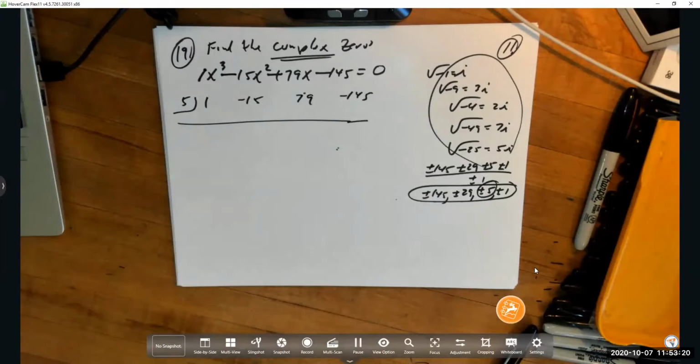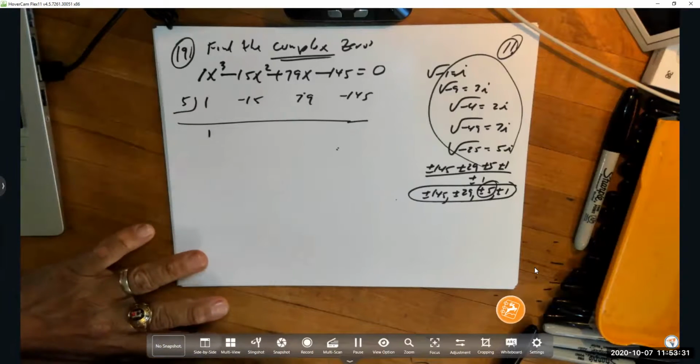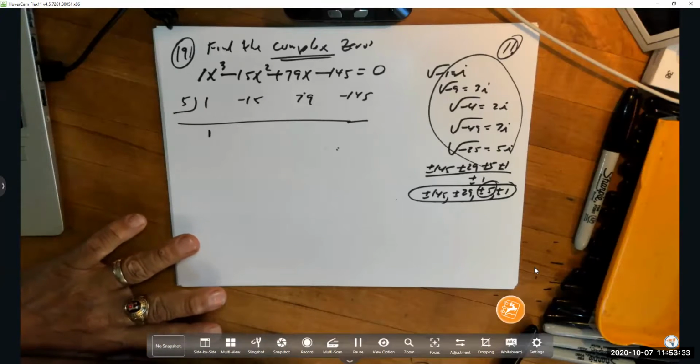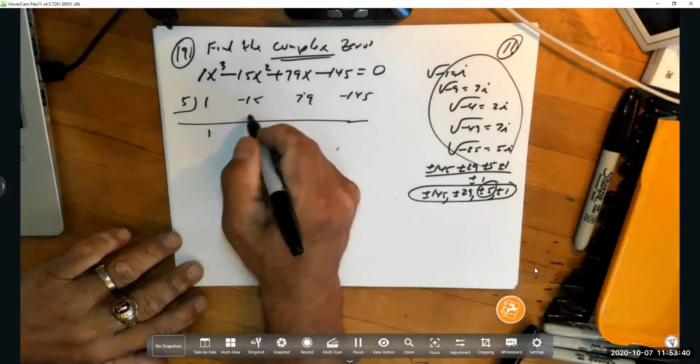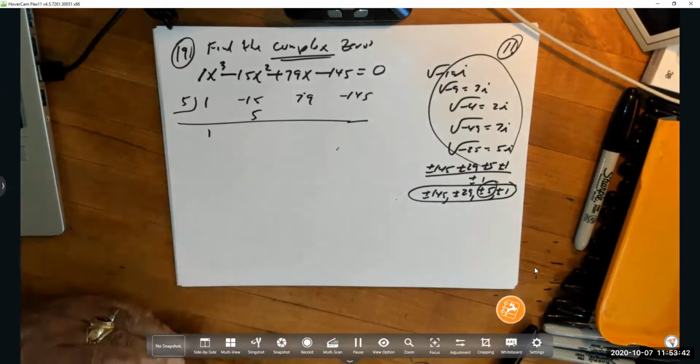So now, you tell me, what's the first step? Where does the 1 go? Bring it down. There it is. All right, right there. Then what? Multiply 5 times 1, so it's 5. What's negative 15 plus 5? Negative 10.